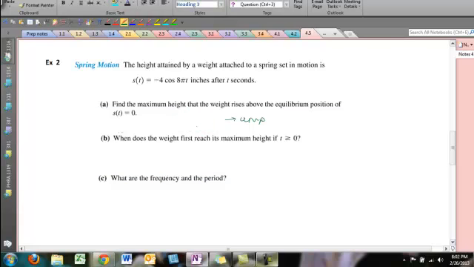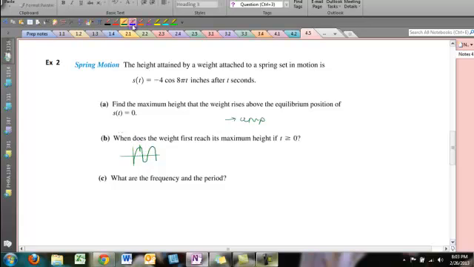Let me erase my squiggle here. We know we're talking about cosine. We know we have some function that's going to do this right here. Now, if I want to know the first time it reaches this maximum height right here, then that's going to be halfway in between one complete period.